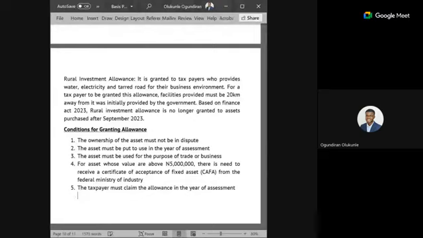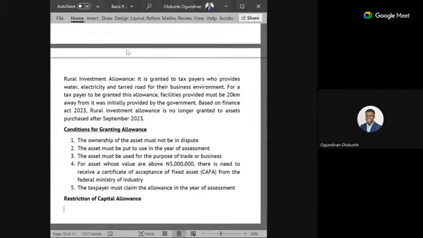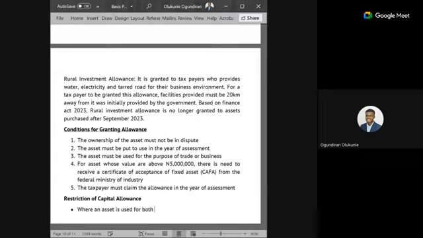So now let's look at restriction of capital allowance. There are two reasons why you can have restriction on capital allowance. The first one is where an asset is used for both business and private use.